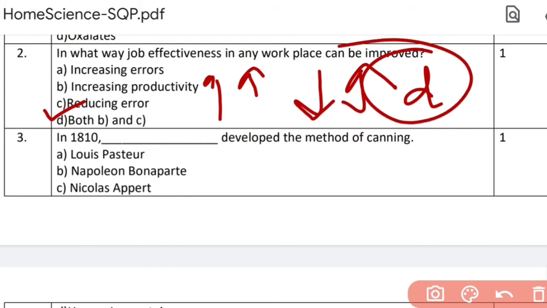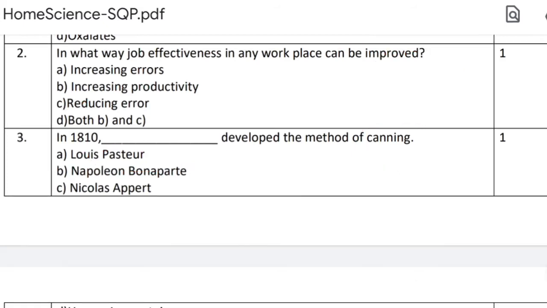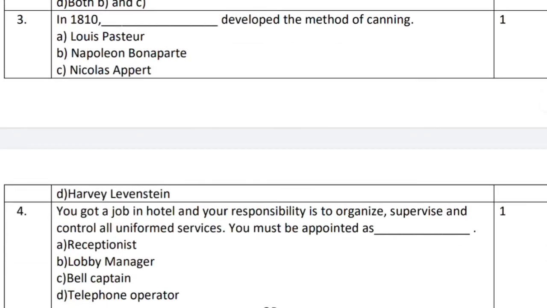Third question: in 1810, dash developed the method of canning. Canning was developed by, remember? Tell me. Napoleon Bonaparte. First remove this one. Napoleon Bonaparte, it's just not possible that he developed canning for you. So what remains is Louis Pasteur, that is A, and as it is clear, Pasteur must have developed the process of pasteurization. So what you have is Nicholas Appert and Harvey Levestein.